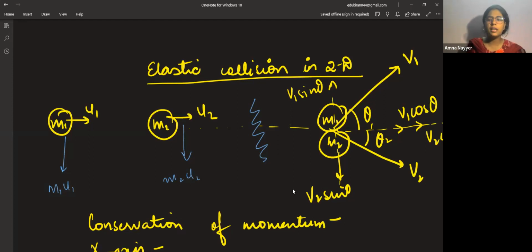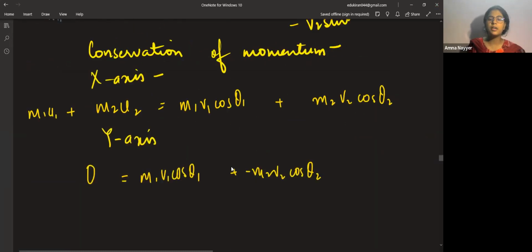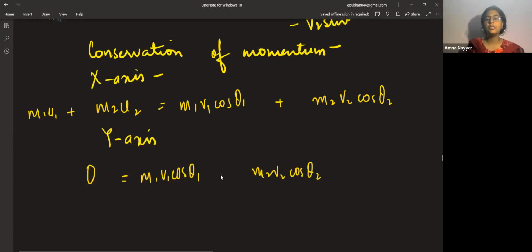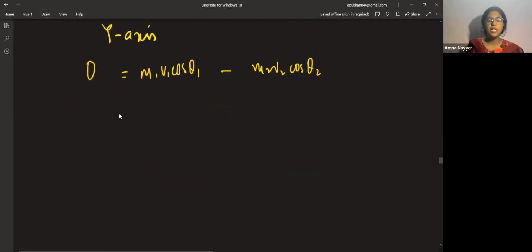So you choose something. Let's take v2 sine theta to be negative. Any one you can choose. So this becomes minus. I'll erase it from here. So this becomes this after application of the sign convention. Now we can at least equate them.